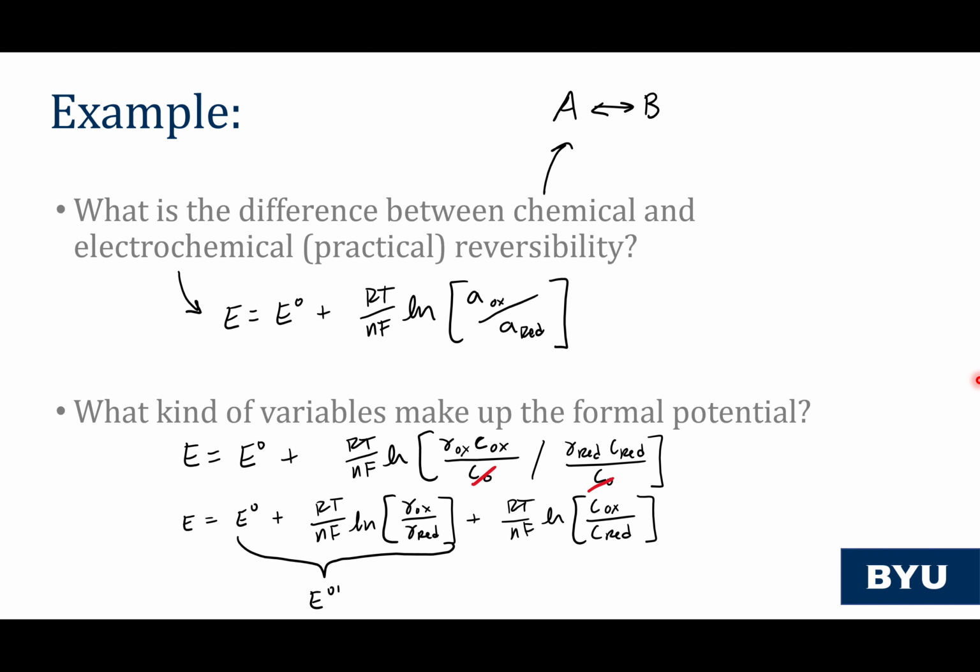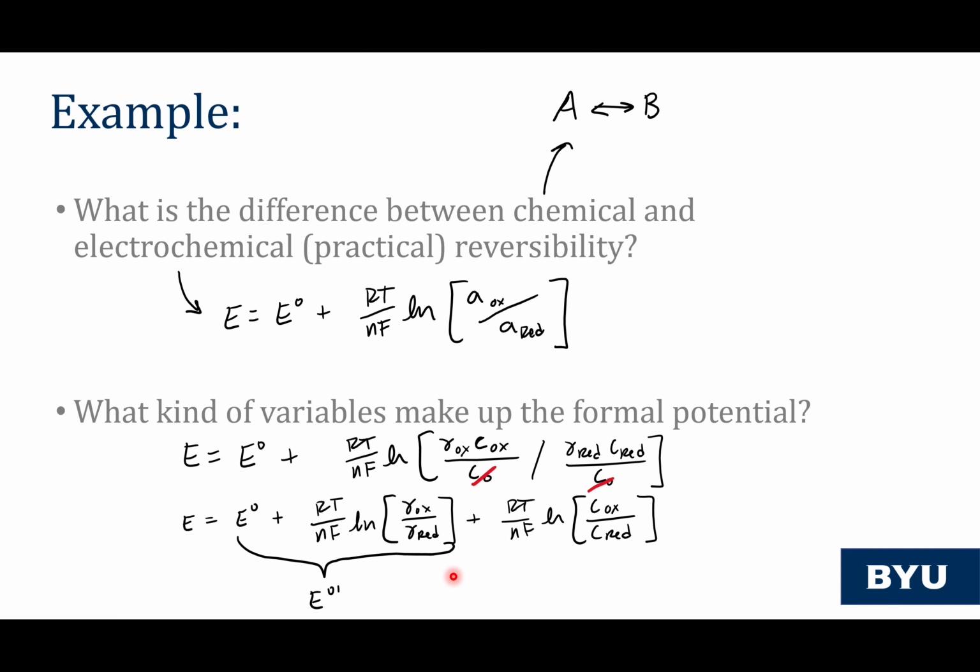And the second question, what kind of variables make up the formal potential? Well, if we write out the Nernst equation and then we lump together the terms that don't make it into the expression that includes the formal potential, we can see that the activity coefficients and the temperature are included in the formal potential.